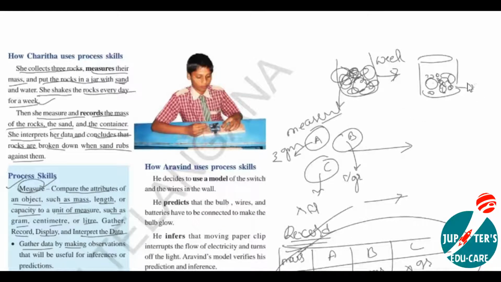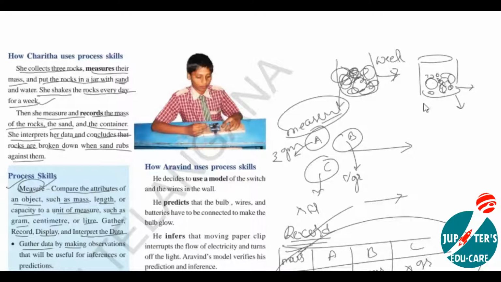So again she has to measure. When she measured this, the size and shape of the rocks had changed. It means the mass also changed. So she has to record that again, compare both, and she can give the conclusion. What is the conclusion?